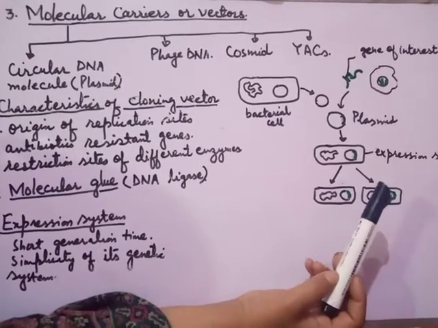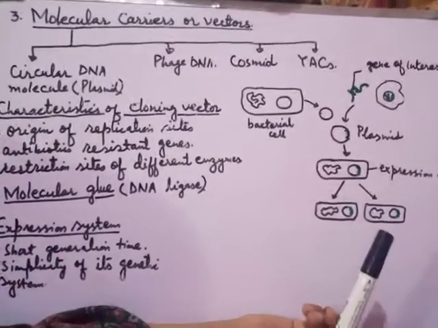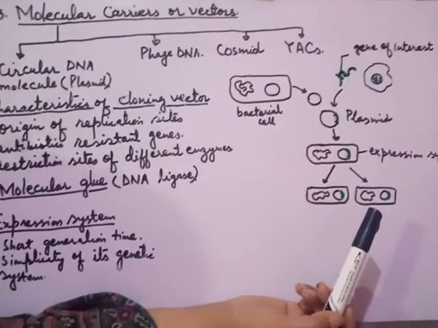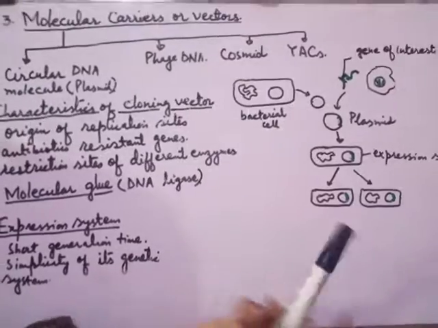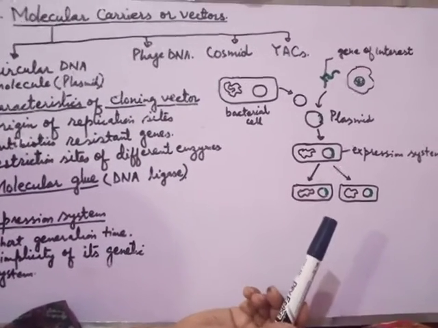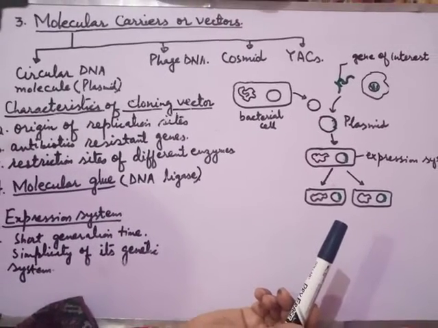As the transformed clone has got resistance against the antibiotic, it remains alive and continues to grow, whereas all the untransformed clones will be killed by the antibiotic. From this, scientists can isolate their transformed clones from the medium.